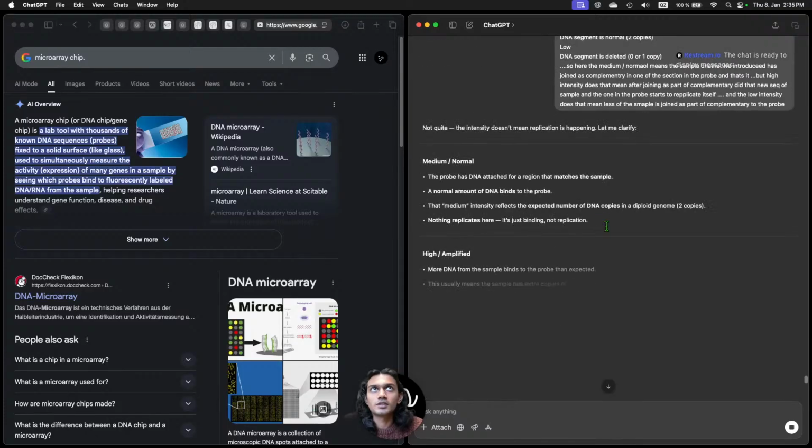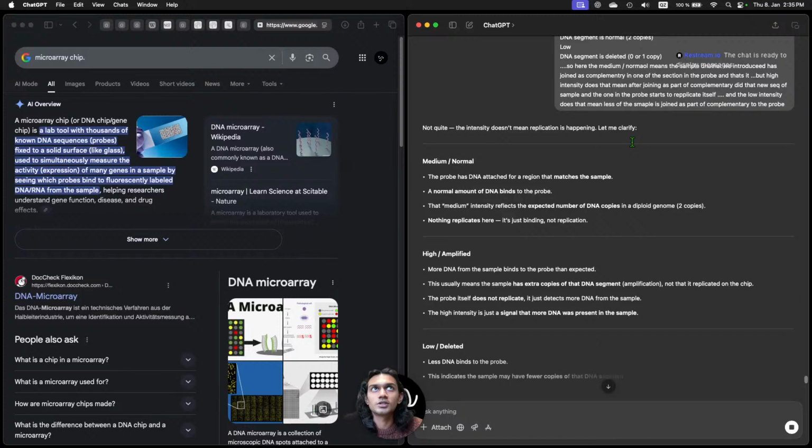Not quite. The intensity doesn't mean replication is happening. The probe has DNA attached to a region that matches the sample. A normal amount of DNA binds to the probe. That medium intensity reflects the expected number of DNA copies in a diploid genome. Nothing replicates here, it's just binding, not replication. With high intensity, more DNA from the sample binds to the probe than expected.